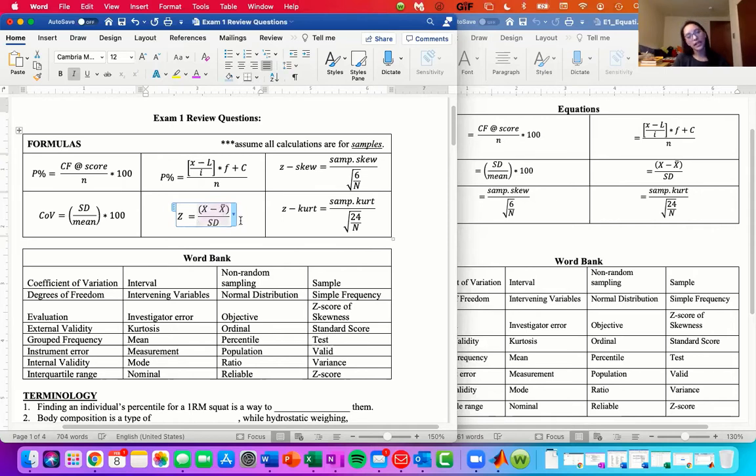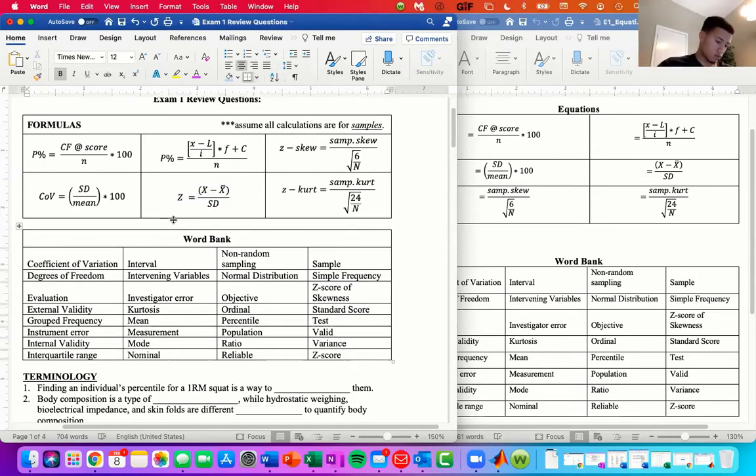You can find the Z-score of a population, and I gave you an equation in the lecture, but all of our calculation examples will be for samples. For a population, X bar would be replaced with mu, and the SD would be replaced with the little sigma symbol. All right, so those are our equations.